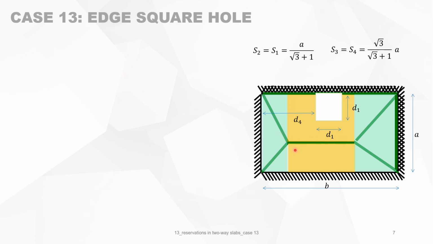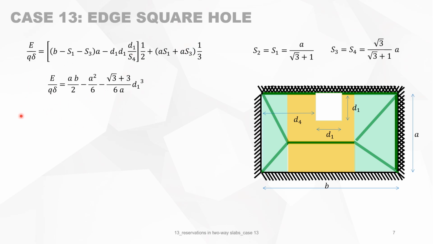The width is B minus S1 minus S3 times A, but we have to subtract the reservation. And this is D1 times D1. And the maximum deflection there is D1 over S4. And the mean deflection is half of it. So you can write this as follows.